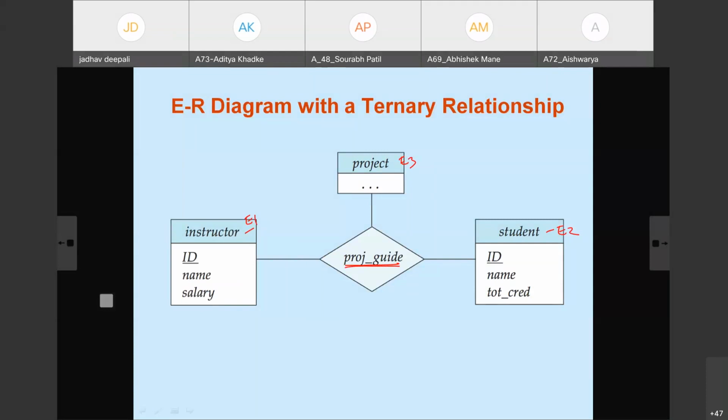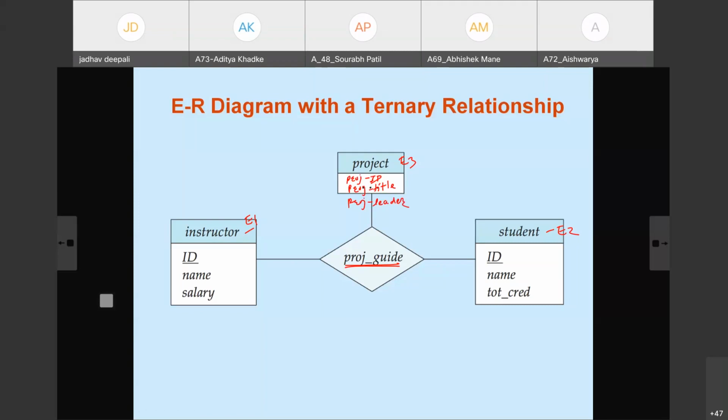So for student, project guide, you can write here project ID or group number, and project title, then leader of the project, project leader. In this way, the attributes may be there for the project.